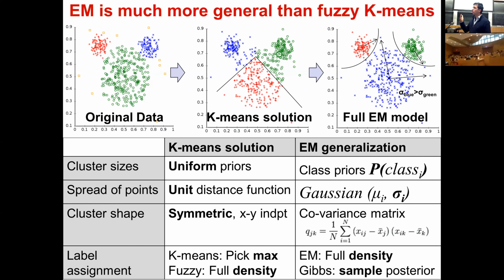Instead of forcing a solution where all of the clusters have the same number of points assigned to them, it's going to say, well, it seems that this cluster has more points, I'm going to increase its prior. Exactly. It's one more parameter that you can tune. So the prior becomes an explicit parameter rather than always being set to identical values across all of the points. It becomes a tunable parameter that you can tune as you go.